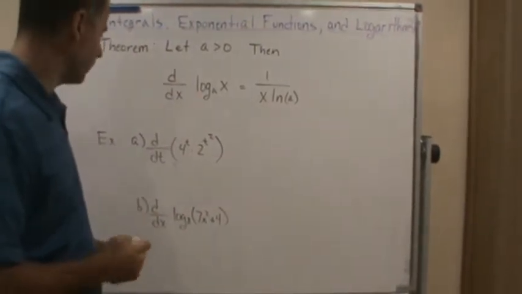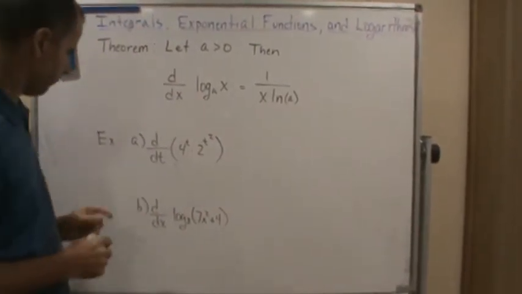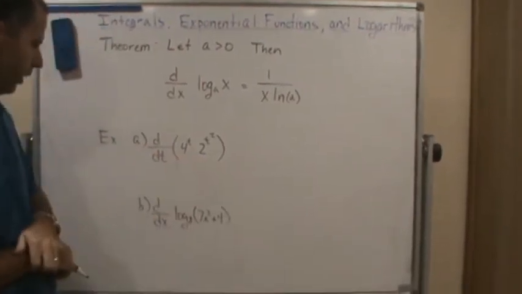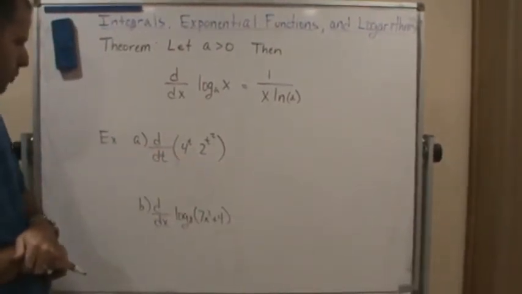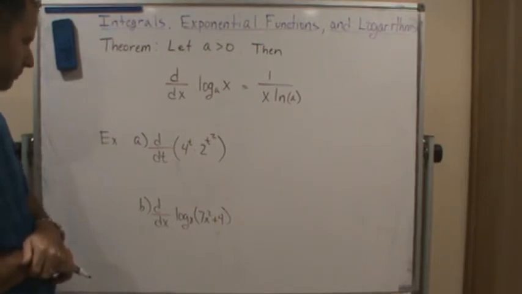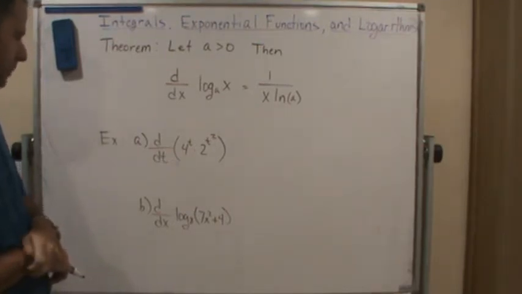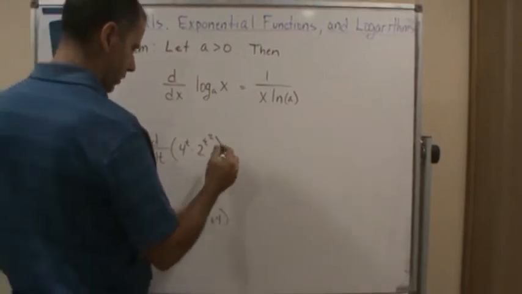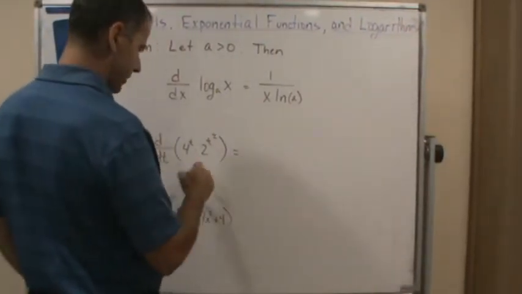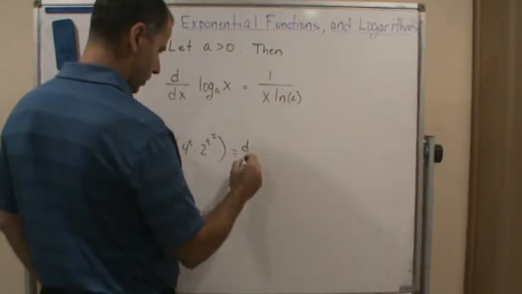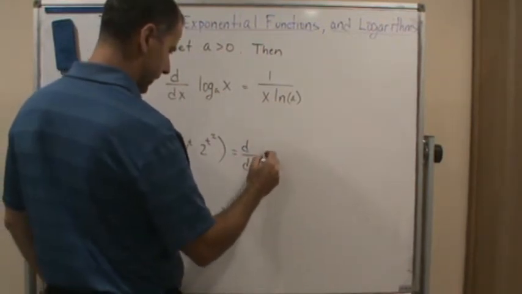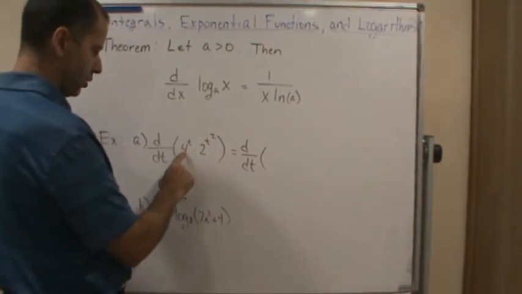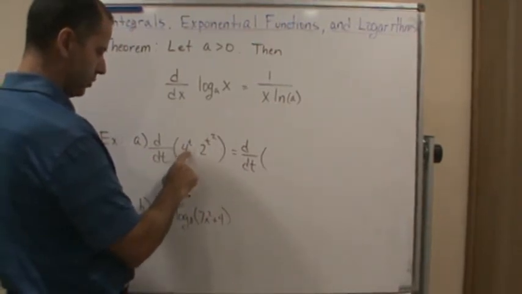Okay? So let's do an example. In this one, we're going to take the derivative of this. Well, let's simplify this first. This is the derivative with respect to t, and this is 2 squared to the t.